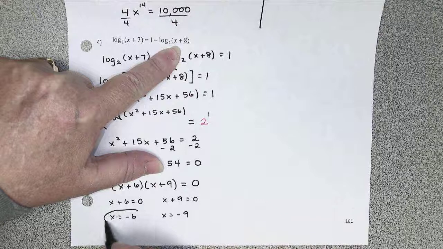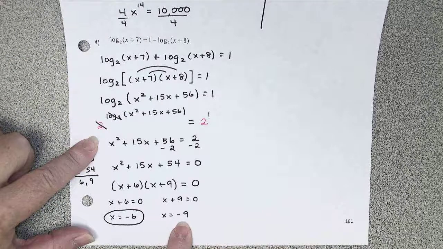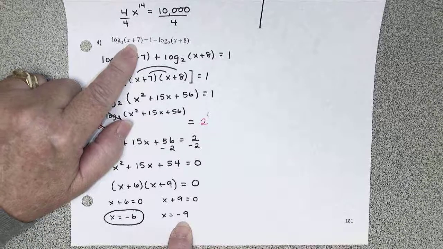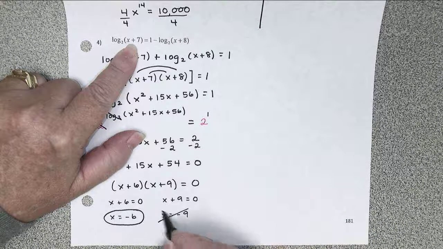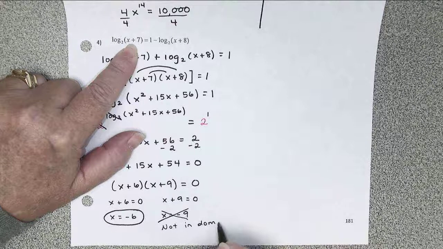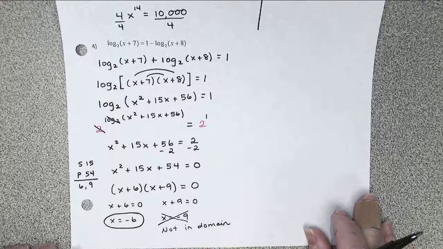So negative 6 is in the domain. Let's check the negative 9. If I plug negative 9 in for x, now I'm taking the log of negative 2. And I cannot take the log of a negative number. So this one's not in the domain. All right, that brings us to the end of Part C.